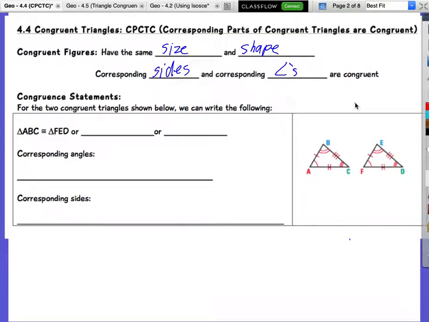That's how we'll define congruent figures. Two figures are congruent if they're the same size and the same shape, which means that their corresponding sides and corresponding angles are congruent as well.